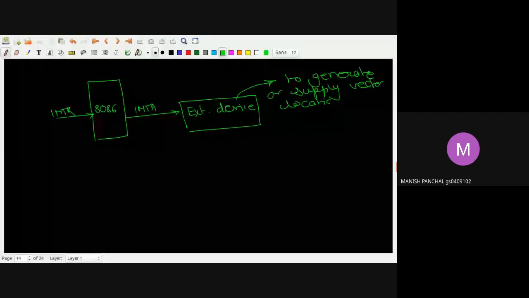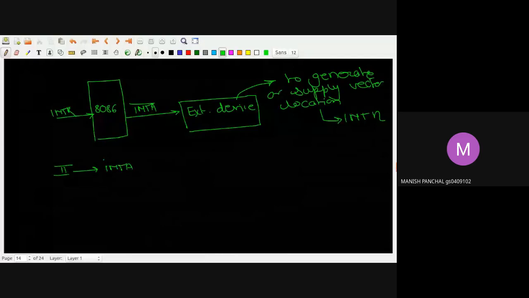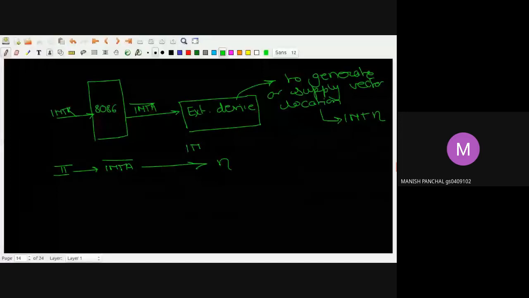INTN. So ultimately, during the second interrupt acknowledgement, I am getting the value of N from the INTN instruction, and this N will define the combination of CS and IP.